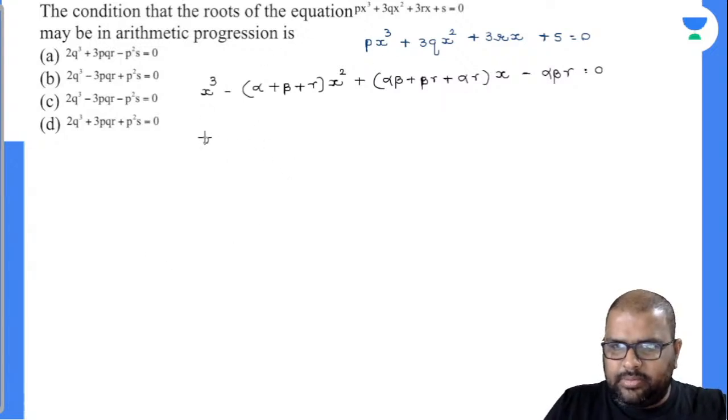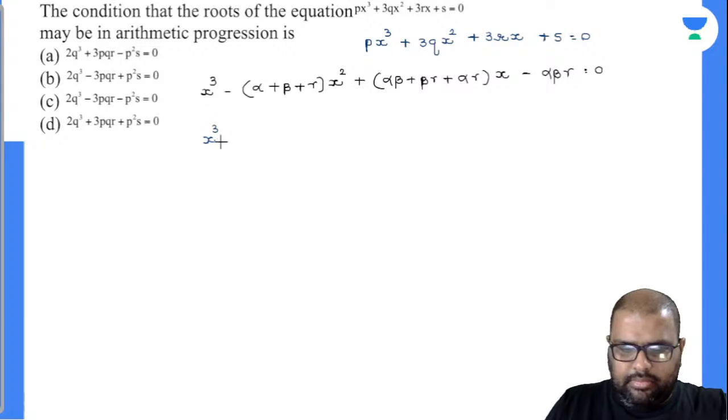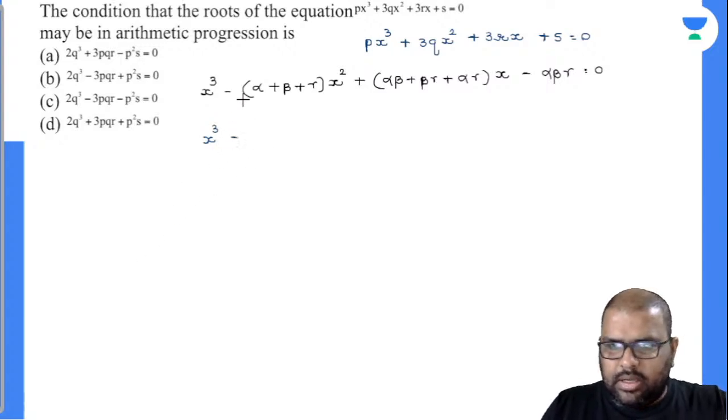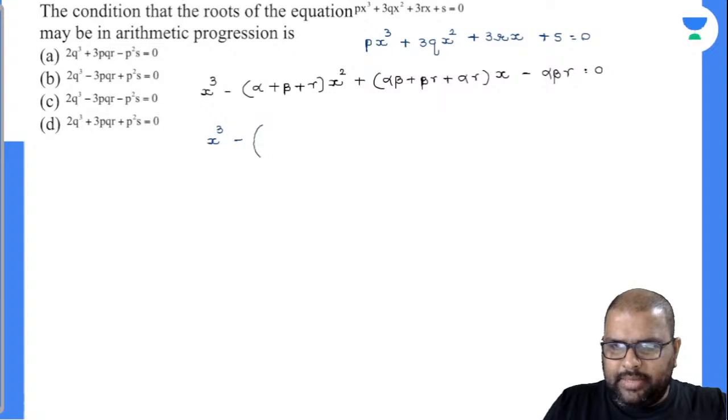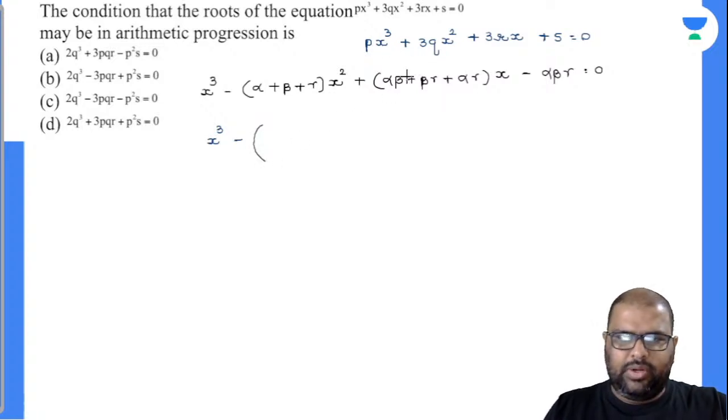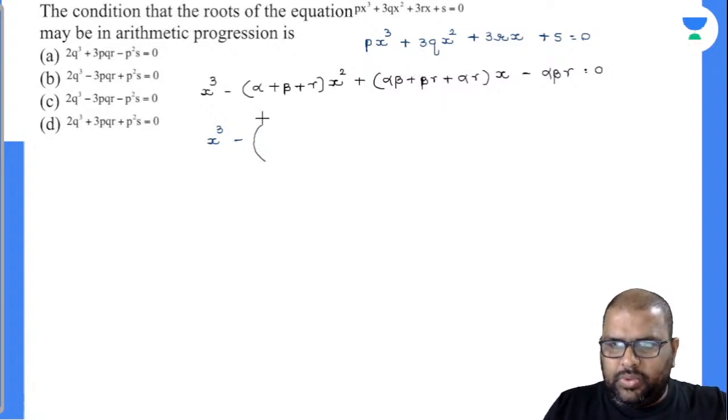x cube minus, now you closely observe there. I have to write down 3q, so this has to be positive finally, so this has to be minus 3q by p x square.